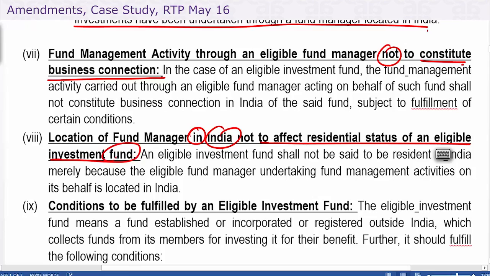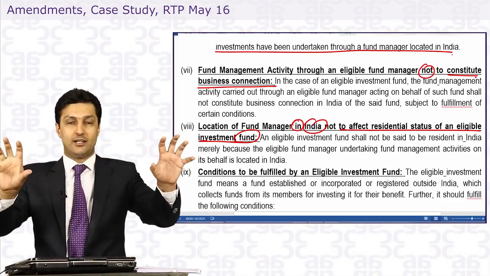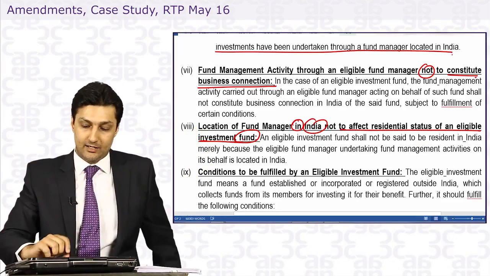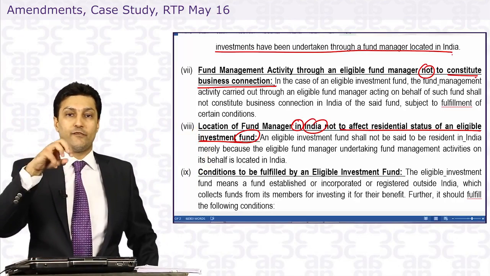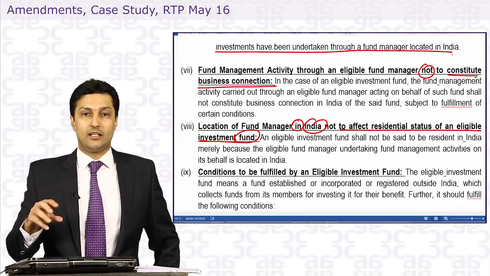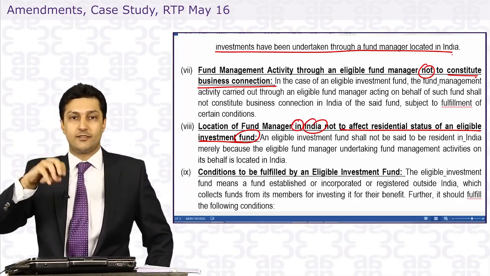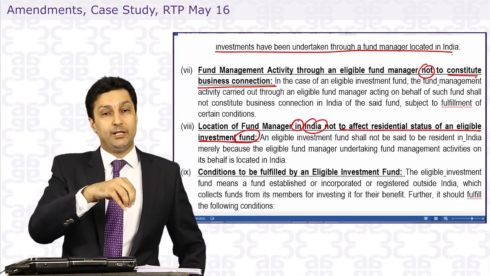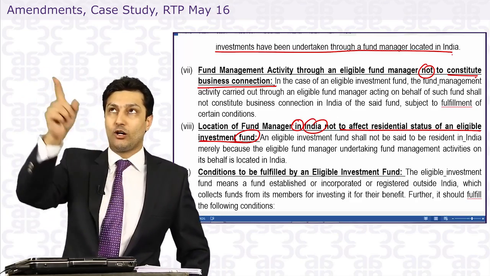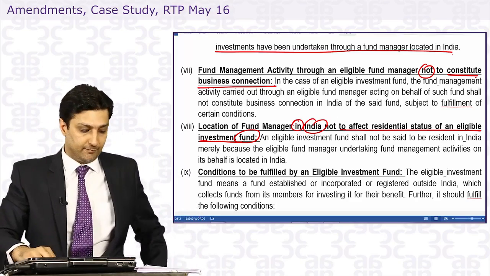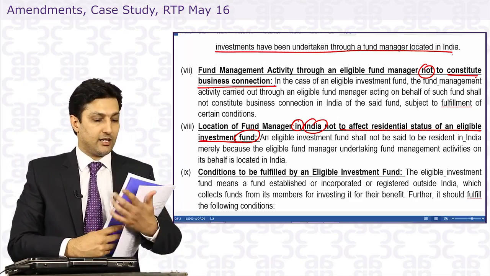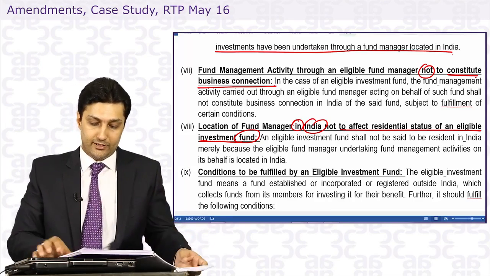So the fund and the fund manager are separate entities. That's as simple an amendment so that we can allow the fund manager to be in India. And the fund manager who's handling the fund on behalf of the offshore funds can be taxed only for the income it earns, not the income of the offshore fund in India. So you just need to remember that there is an amendment for offshore funds.